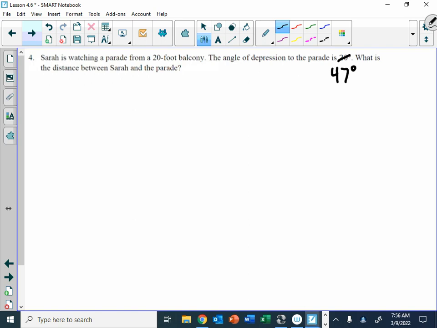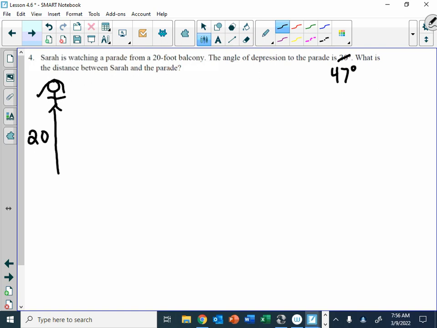Sarah is watching a parade from a 20-foot balcony. Here's Sarah. She's on a 20-foot balcony. That's a vertical, right? How tall is the balcony? 20 feet.